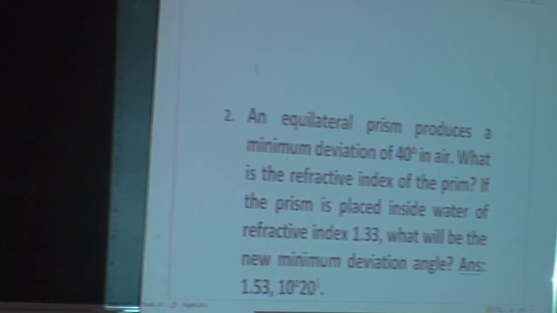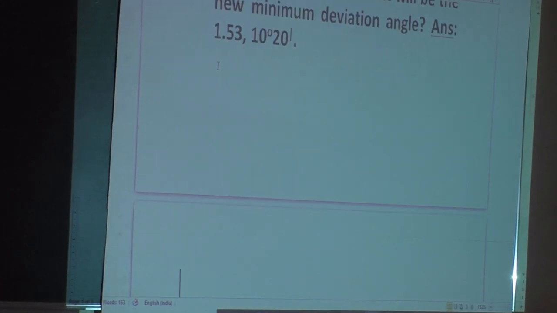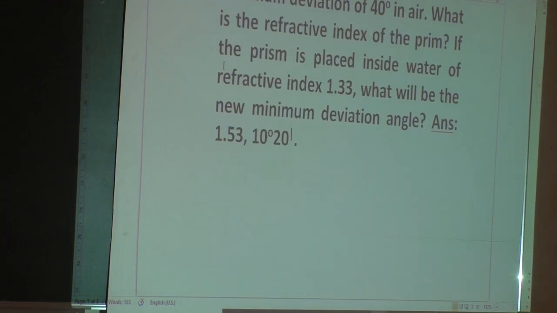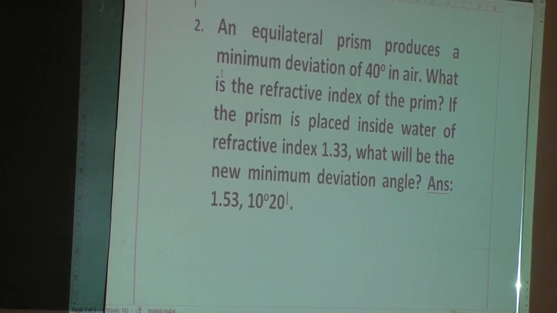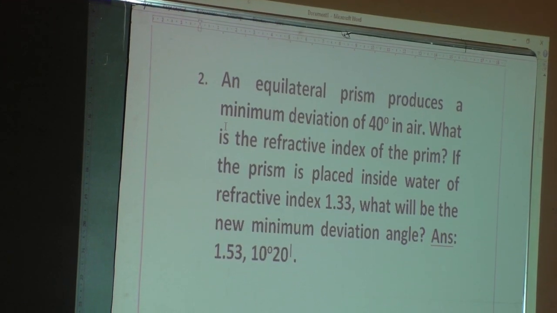Read the problem. An equilateral prism produces a minimum deviation of 40 degrees in air.